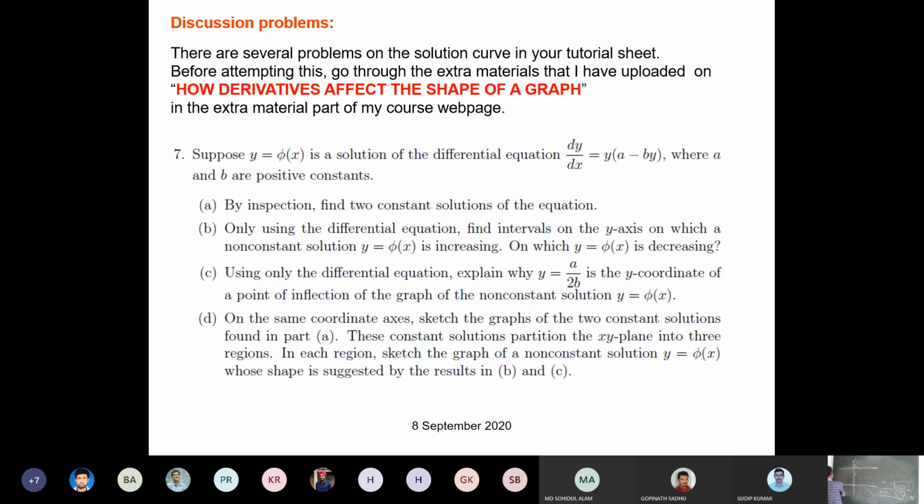So if it is increasing, what is going to happen? It is going to be something like this. Let me try to draw it. Suppose this is concave upwards and then this is concave downwards here. Okay, so the shape is going to be something like this. Is it okay with everybody? Any question?